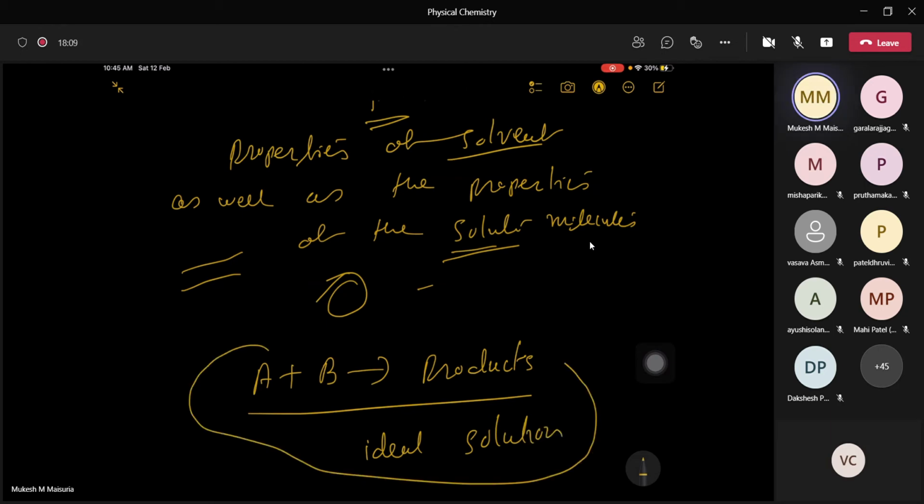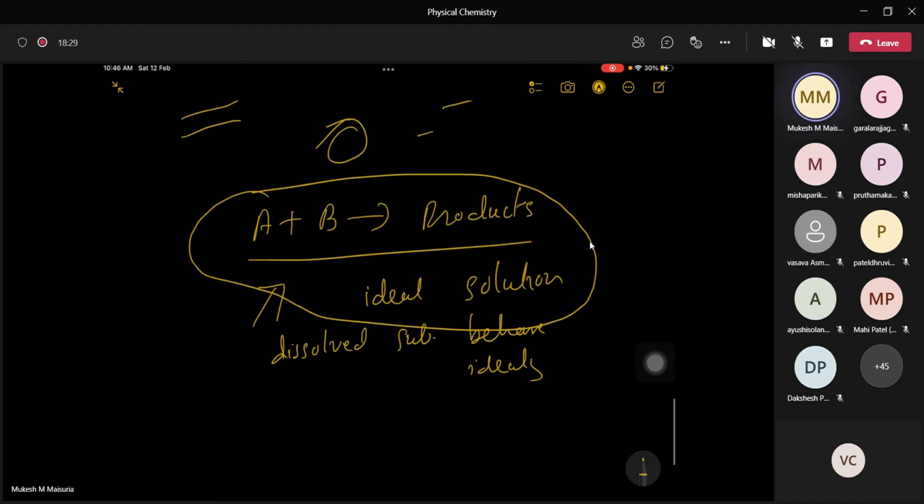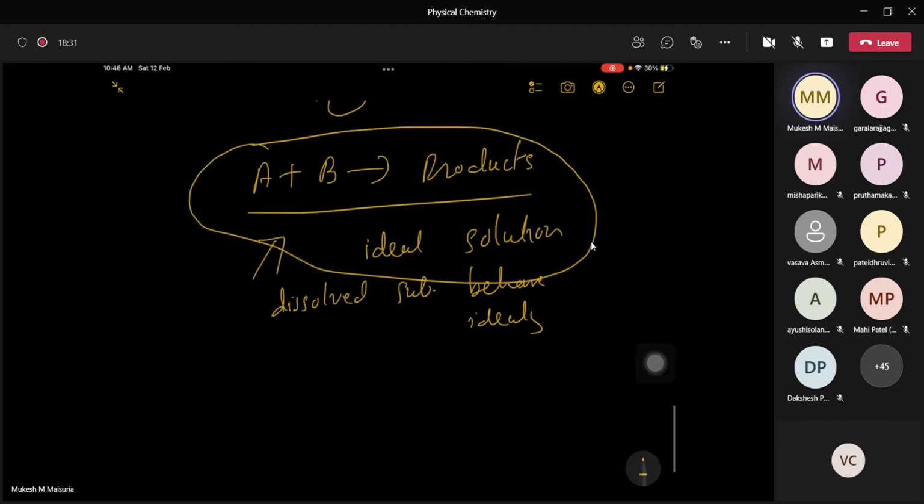This reaction is for an ideal solution, meaning all the dissolved substances behave ideally. So this is in solution. Understand?